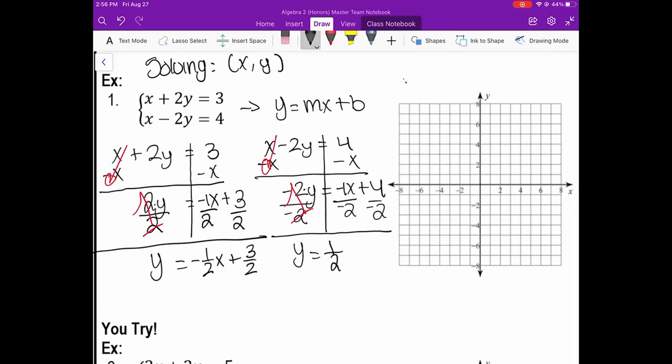So I'm just going to rewrite that as 1/2 x. And then I got 4 divided by negative 2. That actually gets me a whole number. So I'm just going to rewrite that as negative 2. So I got my two equations. So what I'm gonna do is I'm gonna grab my calculator and do this on the calculator.